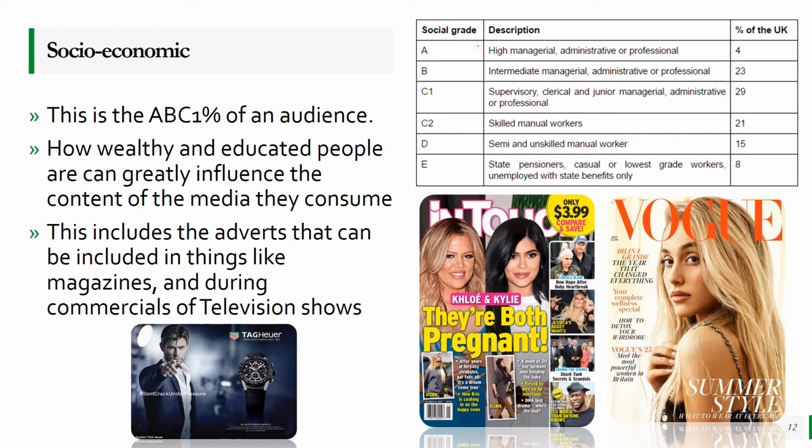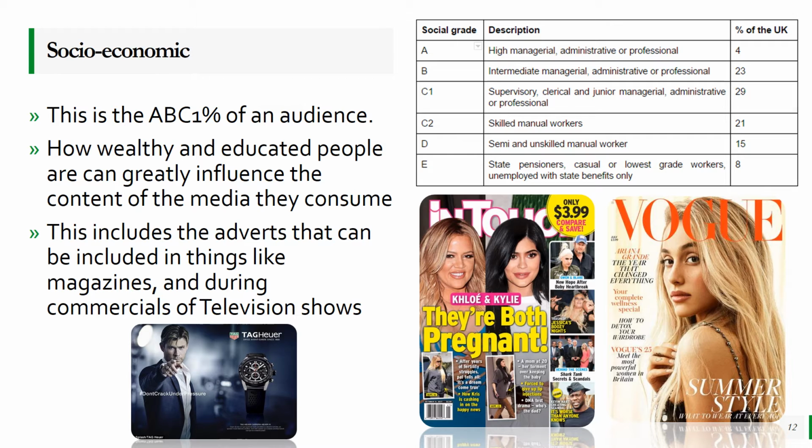For magazine comparison, Vogue has a quite high ABC1 percentage, whereas a quite low ABC1 percentage means that the audience are less wealthy, less educated. So the magazines for those audiences are things like In Touch and Gossip, where it tends to be just celebrity news. If you think about it, that includes adverts as well.